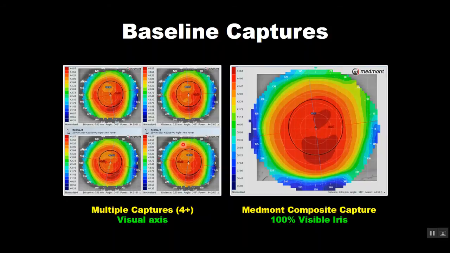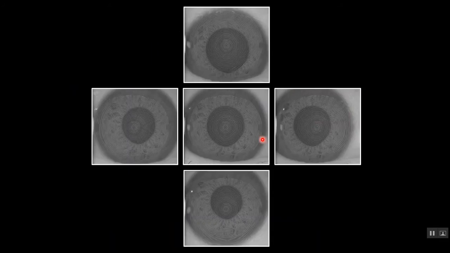If you happen to have the Medmont Topographer, then you can do what's called a composite map, which images 100% of the visible iris. So that gives you multiple maps merged together to fill in all this peripheral corneal shape. The way it works is you take a central image, patient looking down the axis of the instrument, and then you take your photo.